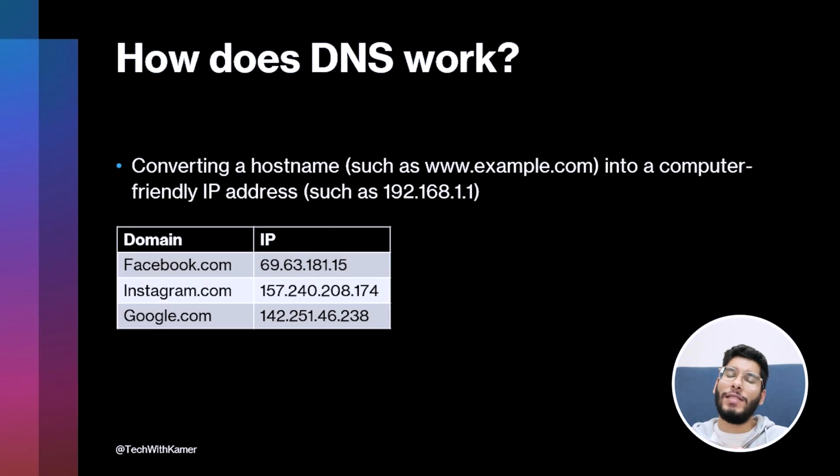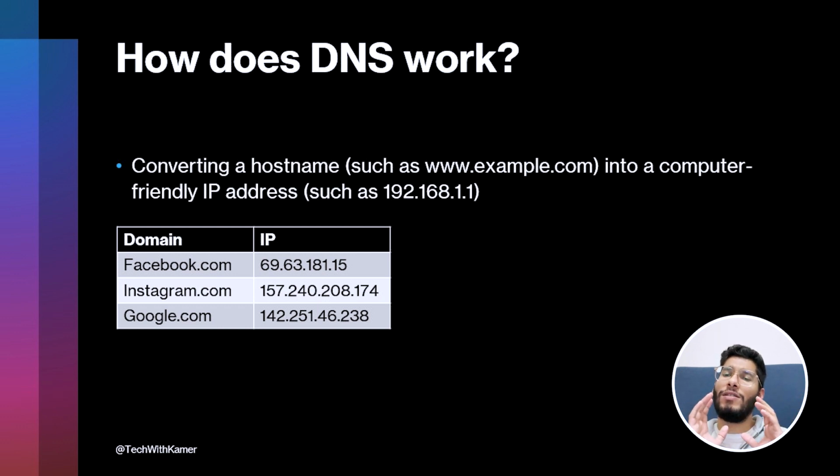So the next topic is, how does DNS work? So far we have understood what DNS is and what it does. So let's see how DNS works behind the scenes. In order to understand this concept, let's say that DNS keeps a table in its memory or storage system. In that there are two entries, one is the domain and one is the IP.